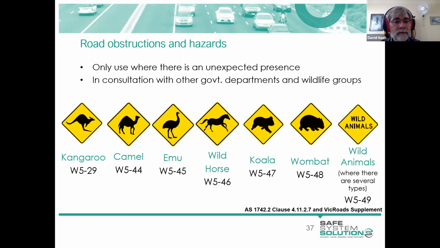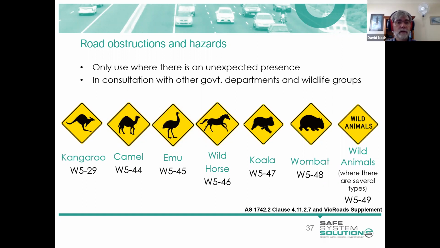So you really have to try to only put up the signs in locations where it is a significant problem or a demonstrated problem by crash records, or in consultation with government departments and wildlife groups as to where you're expecting the kangaroos to be. And then taking down the signs also in places where there might have previously been a problem, but there aren't anymore.